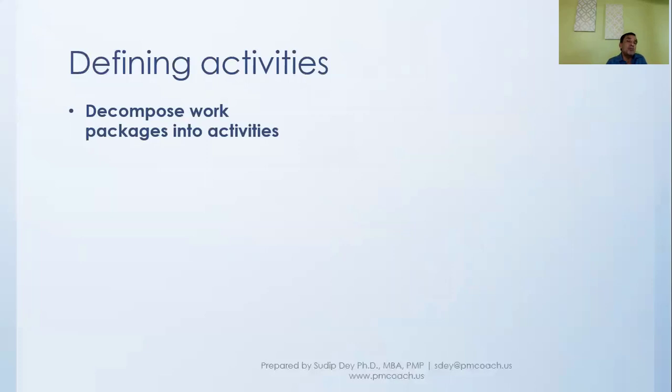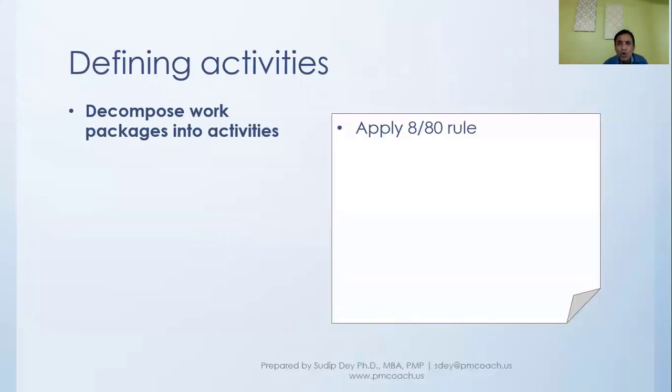What are the steps, what are the tasks, what are the activities that we need to accomplish that particular work package. So when we're decomposing, we want to make sure that each of the activities for this work package is not less than 8 hours, not more than 80 hours, the 8/80 rule.